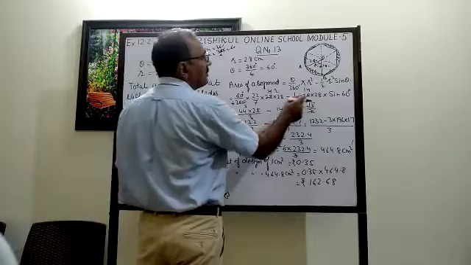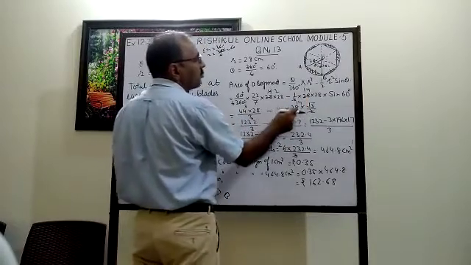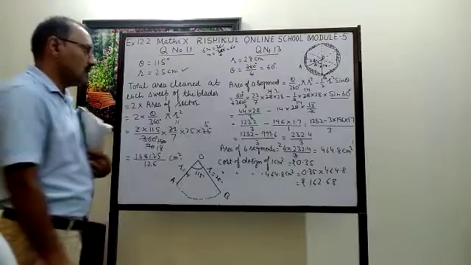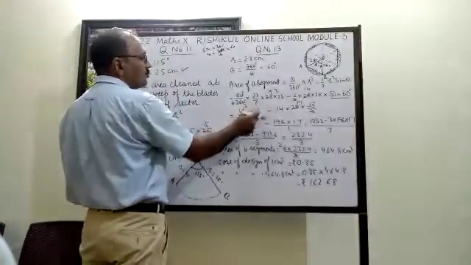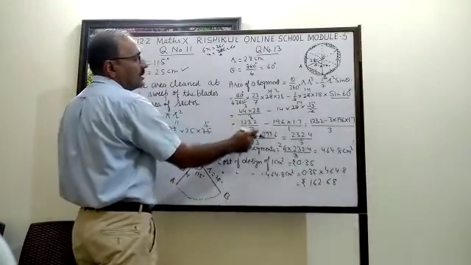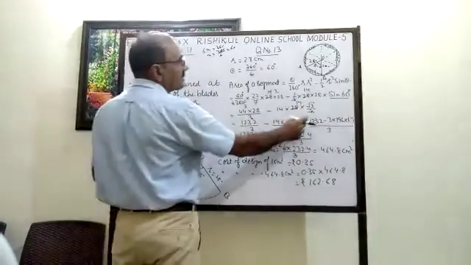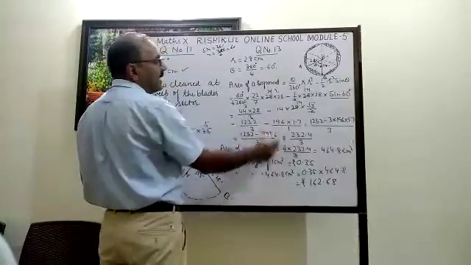Here this 2 cancels by this, 14 into 28 root 3 upon 2. And here you multiply 44 into 28, you will get 1232 upon 3 minus, the value of root 3 is 1.7, and 14 into 14 is 196.